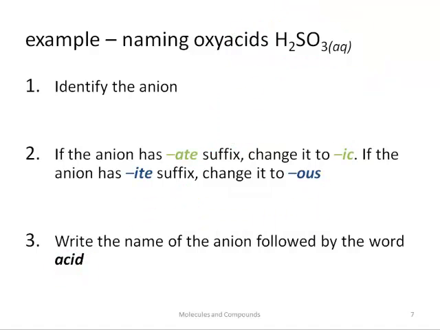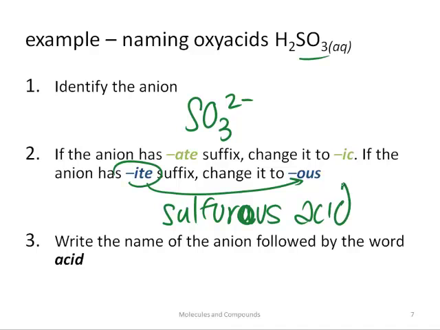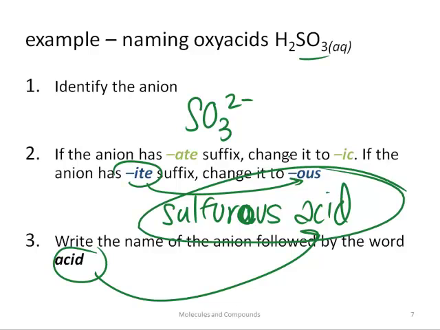H2SO3. Well, we have to remember what that anion was. SO3 is one less oxygen atom than sulfate, so that was the sulfite, SO3 2 minus. And since it is ite, it's going to change to ous. So instead of sulfuric, this is going to be sulfurous acid, because, of course, we're going to throw in the acid at the end of the name.